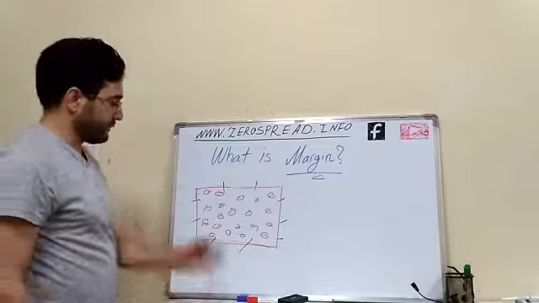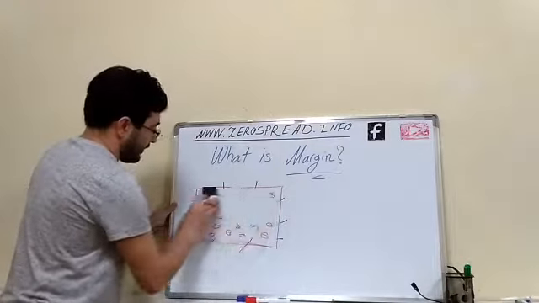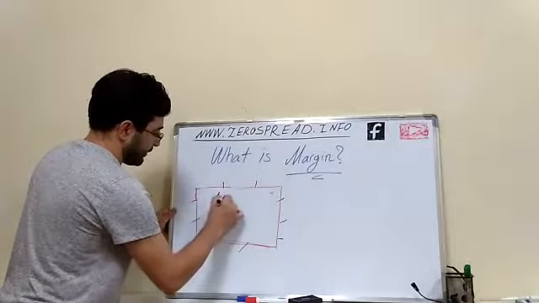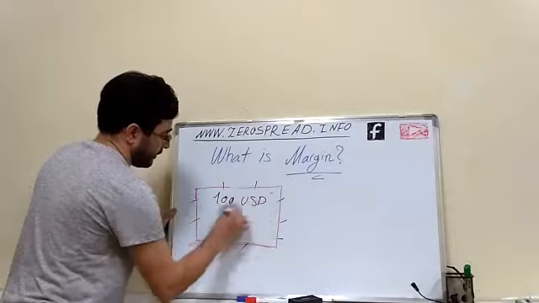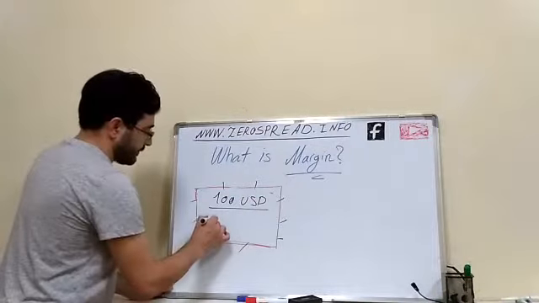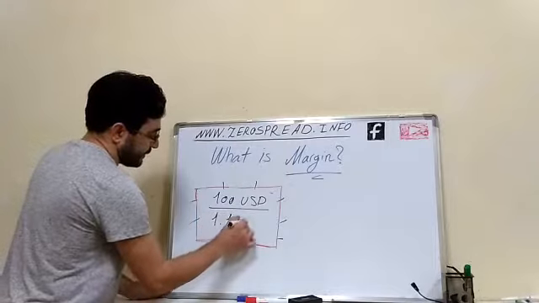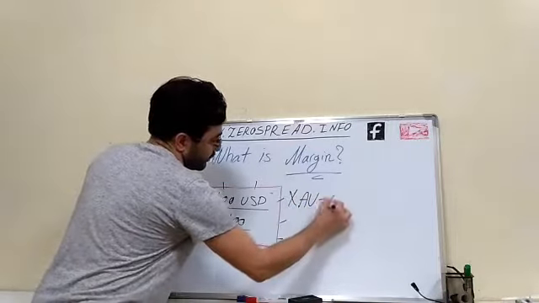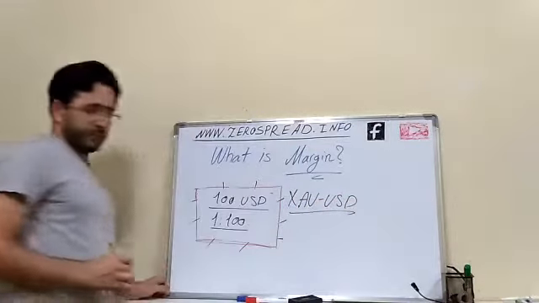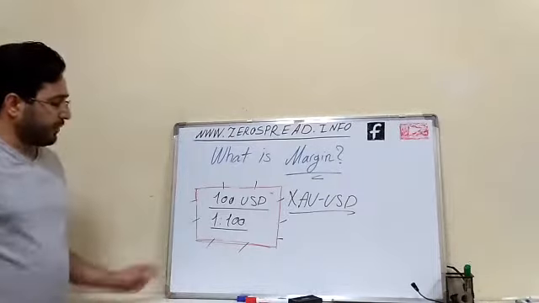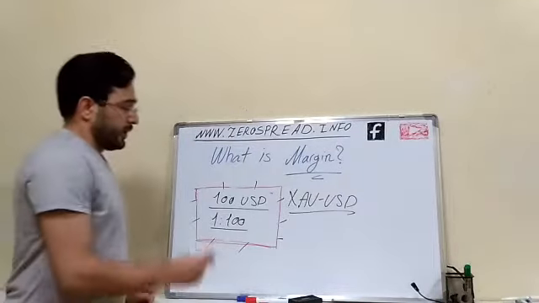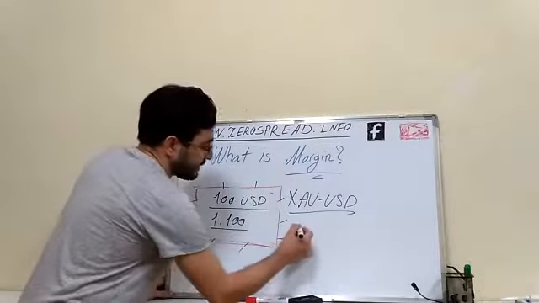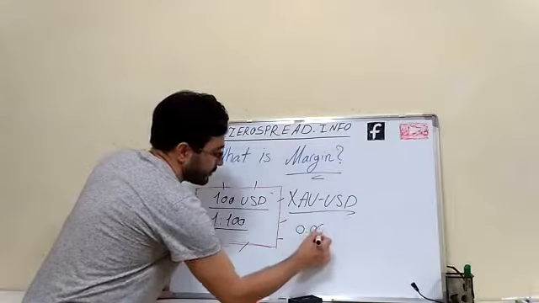This is exactly the same in our trading situation. Let's say we have 100 USD to trade, and we have a leverage of 100, and we want to trade gold, XAUUSD. With 100 US dollars and 100 leverage, normally the maximum lot size that we can trade here is 0.02.